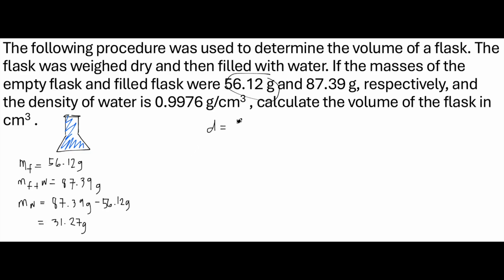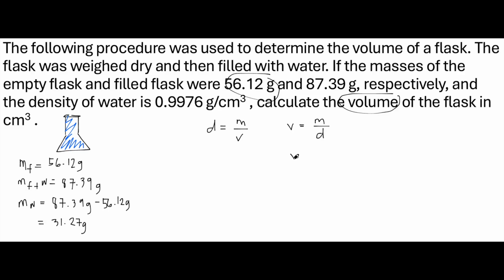So now that you have the mass of water, we can go to the formula for density. Density is equal to mass over volume. The problem is asking for the volume, so we can rearrange this equation to get the volume. That is just mass over density.